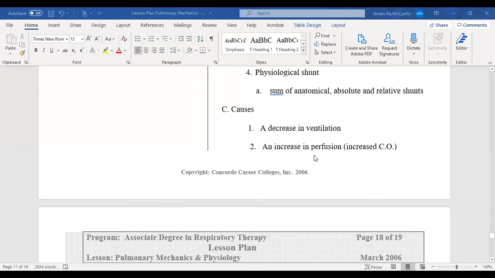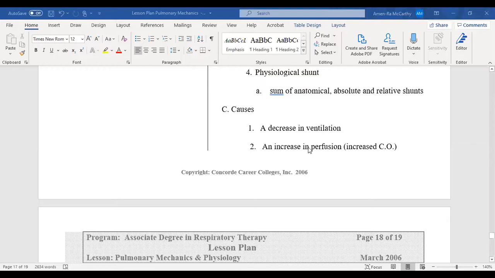For some reason, I'm pumping 8 or 9 liters of blood, and I still only have 4 liters of alveolar ventilation. That's still considered a shunt. That can cause a shunt, because I have perfusion in excess of ventilation. Should be 4 to 5. But if I have 4 to 8, that's too much perfusion, right? That's too much. So my perfusion now is in excess of ventilation, so that can cause a shunt.